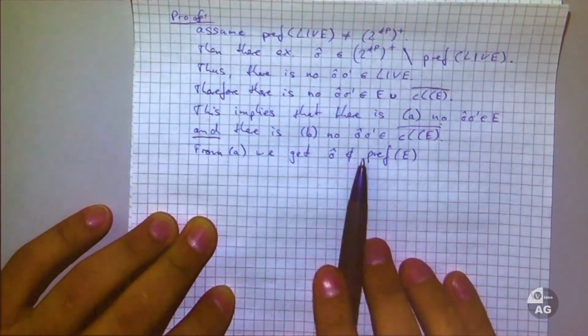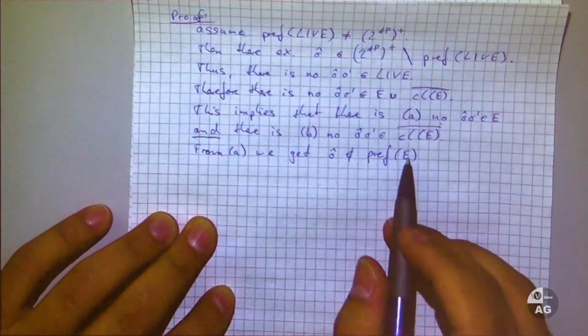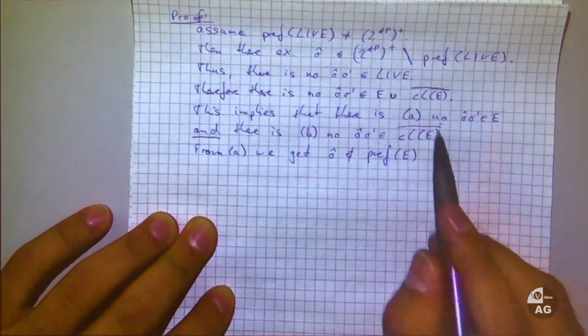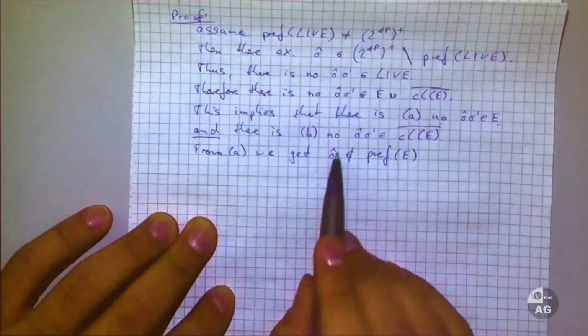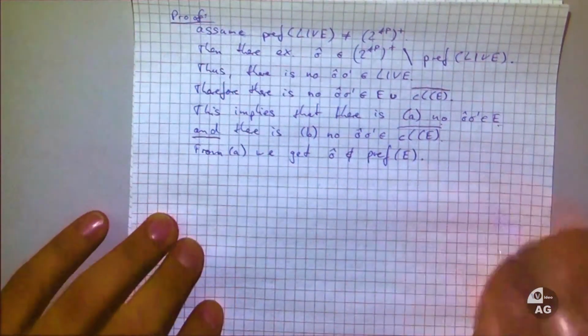Because it can only be a prefix if there is some word, some continuation in the property, but there is none. So we know that sigma hat is not a prefix of the property E.